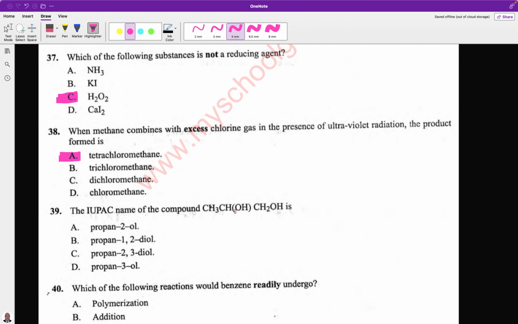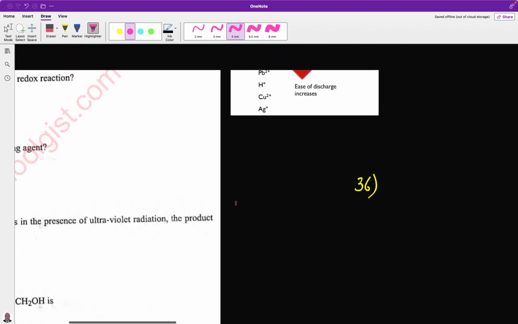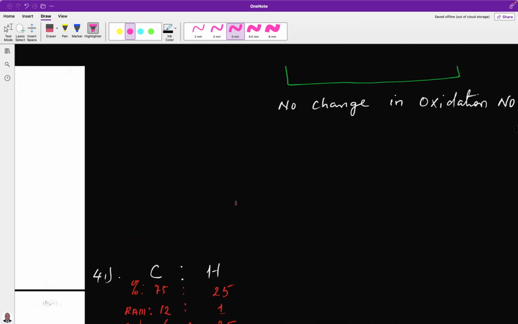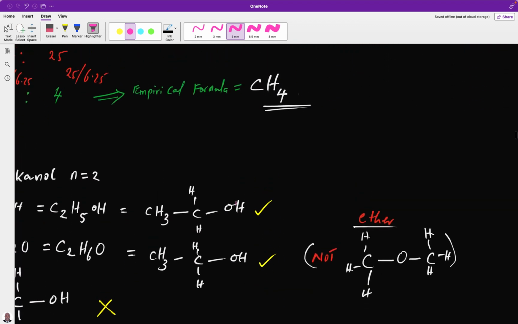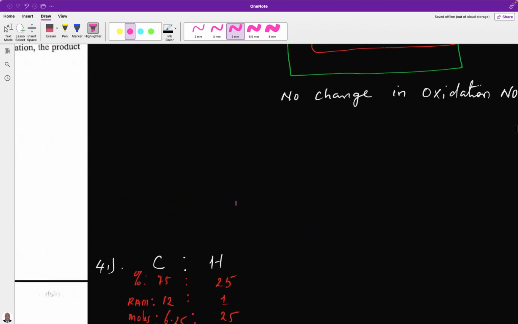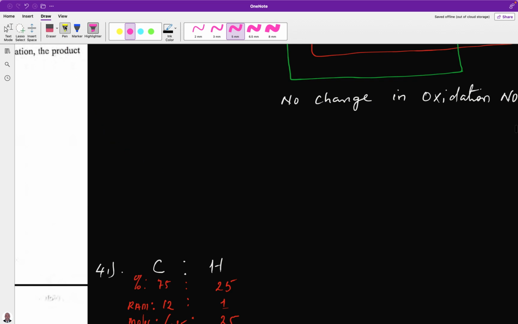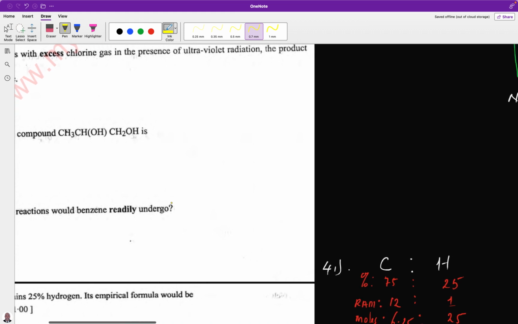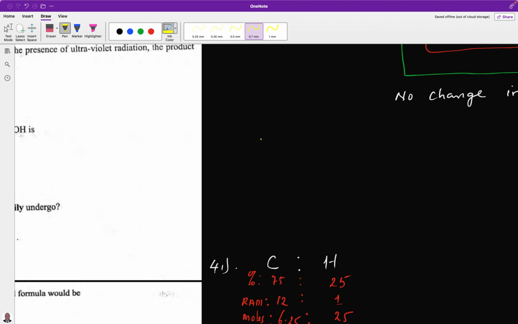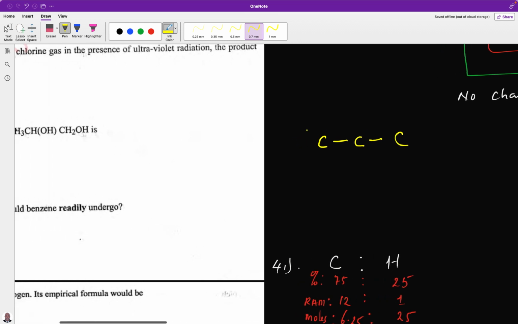If you look at this compound here, let me write the compound here for you to better understand. We have three carbons: 1, 2, 3.